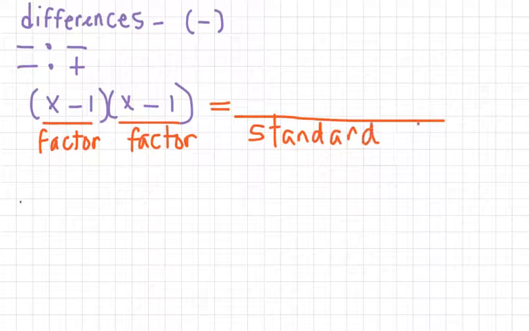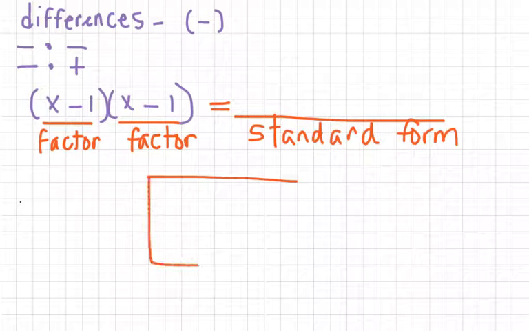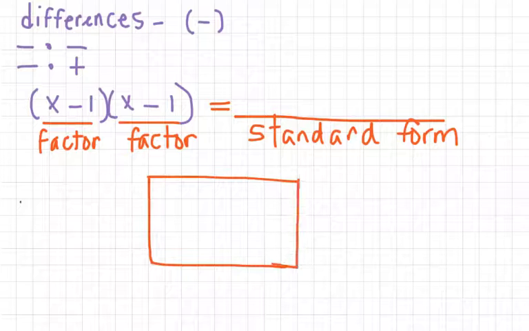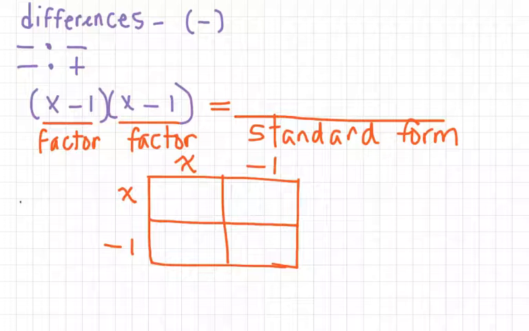And last week we learned how to take an area model and do that. So I'm going to go ahead and draw a rectangle, and I am going to write my side lengths of x minus 1 and x minus 1. And now I'm going to simply multiply these together. x times x is x squared.